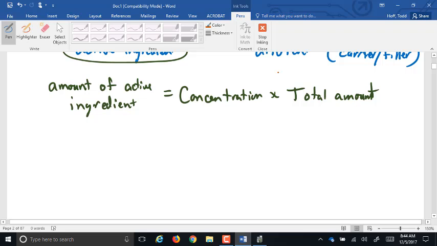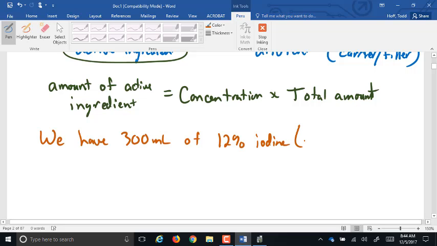For example, let's say we have 300 milliliters of 12% iodine, it's implied iodine in water solution.